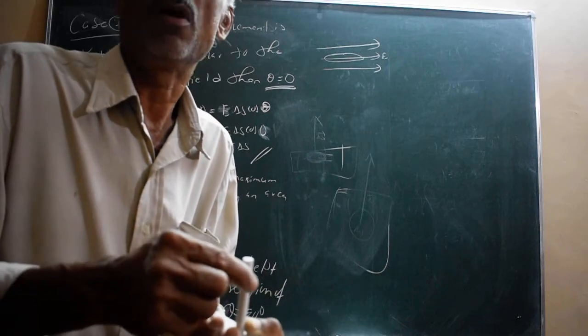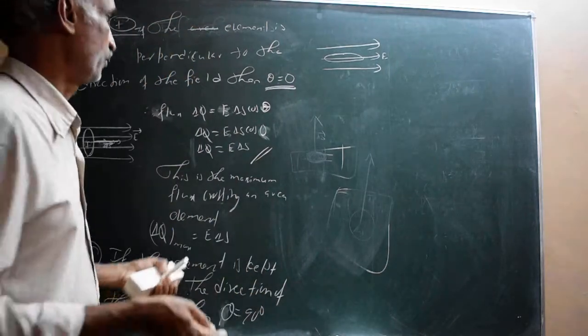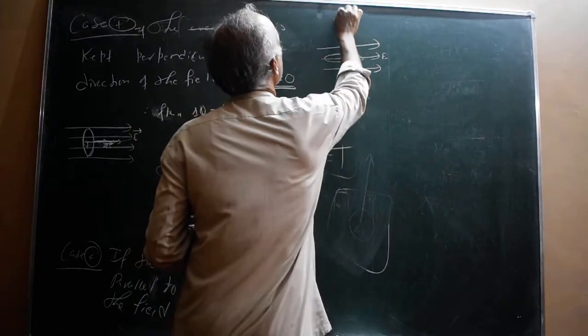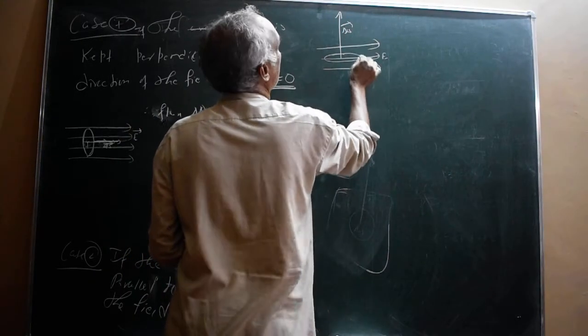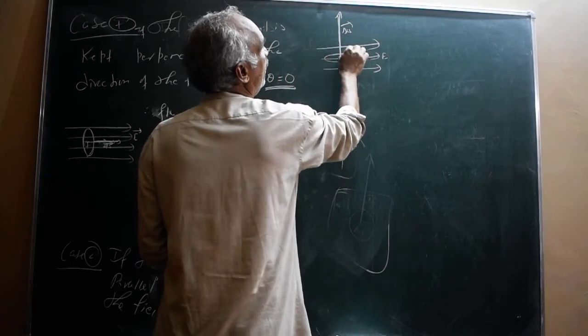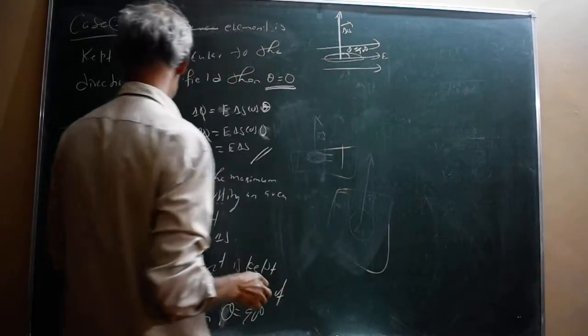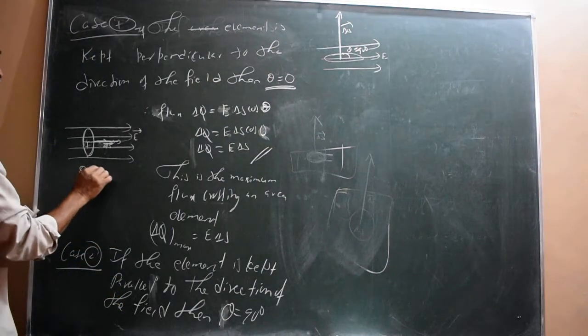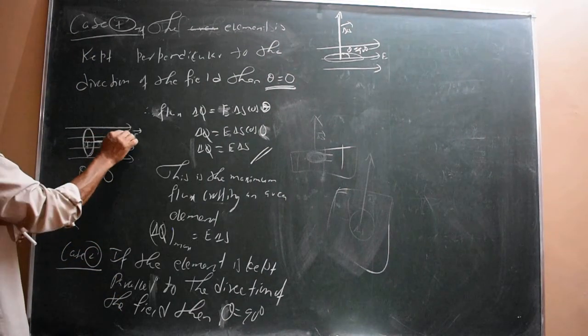Therefore, theta is what? Theta is equal to 90 degrees here. This is delta S bar, and theta is the angle between the field E bar and delta S bar.